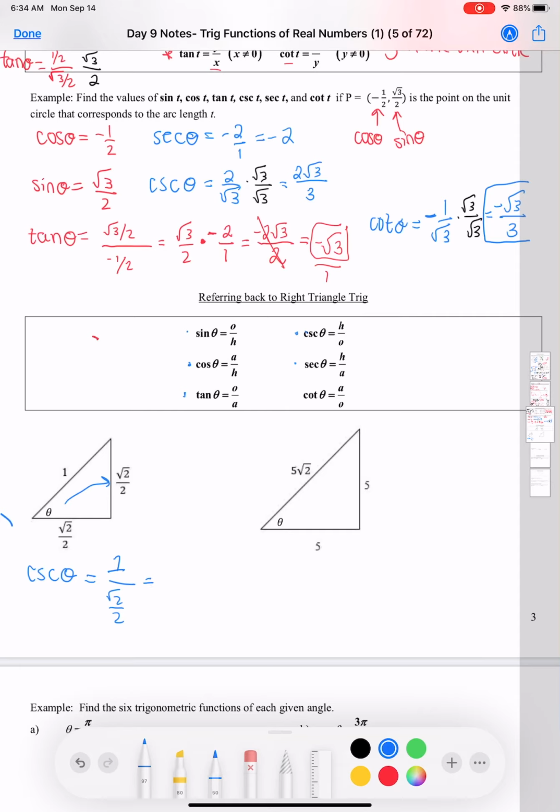Instead of dividing by a fraction, I'm going to multiply by the reciprocal, and that would leave me with 2 over root 2. To get rid of that root 2 in the denominator, multiply by root 2 on top and bottom. So I'll get 2 root 2 over 2. Those 2's cancel out, and I am left with root 2.